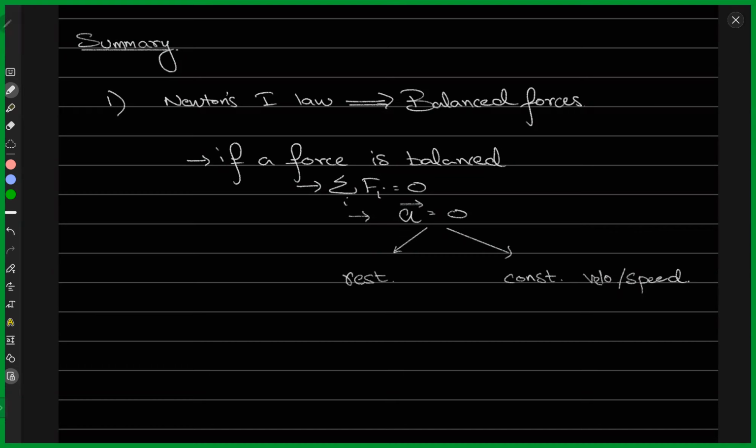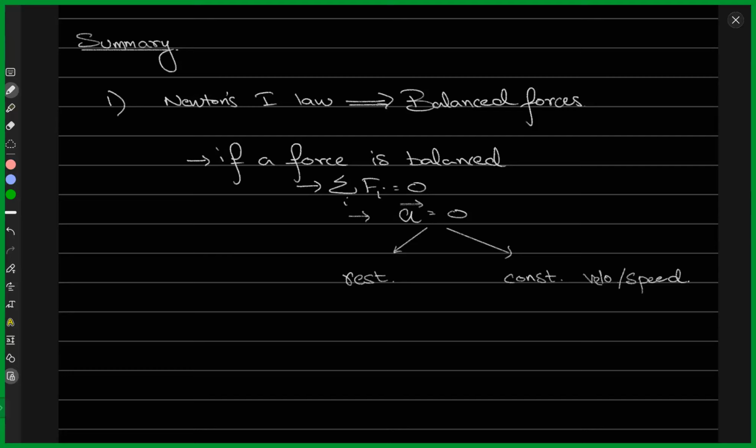Even when the system is at rest, the acceleration is 0, and the acceleration is also 0 when the speed is constant. So if I tell you that the system's acceleration is 0, you will not be able to reach a final conclusion from that single statement. You cannot just say that its speed is constant or that it's at rest.